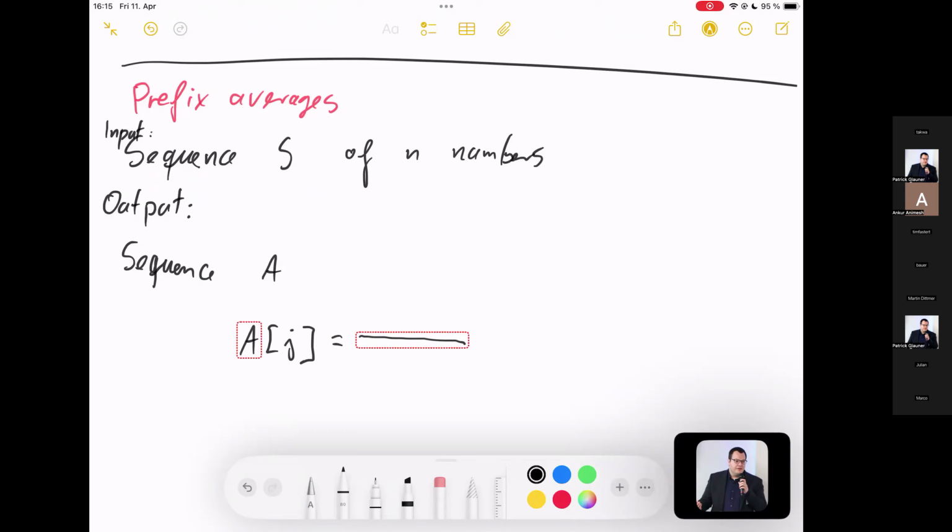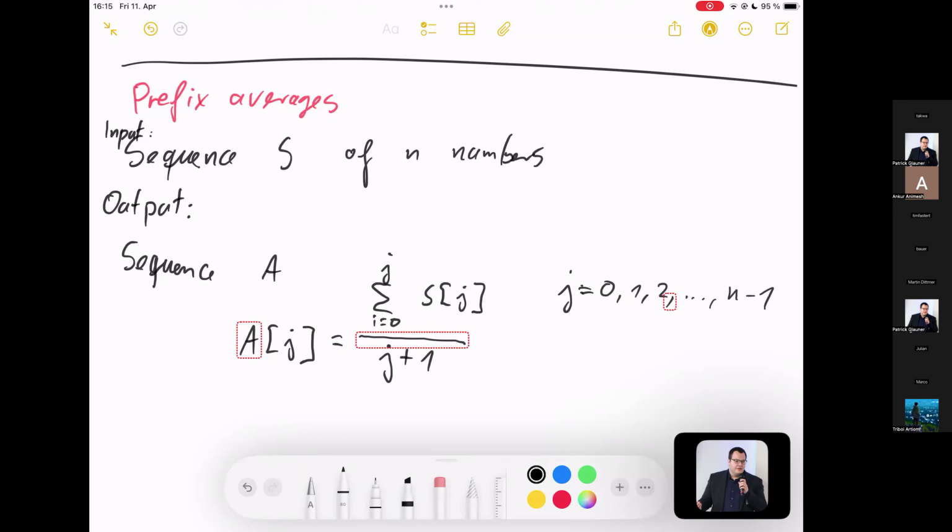I'll show you this now. So we have a sum for index i is 0 up to j. We take the input at index i and we divide by j plus 1. And our j has indexes 0, 1, 2, and so forth, up to n minus 1.